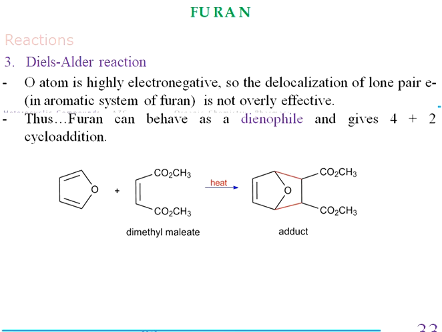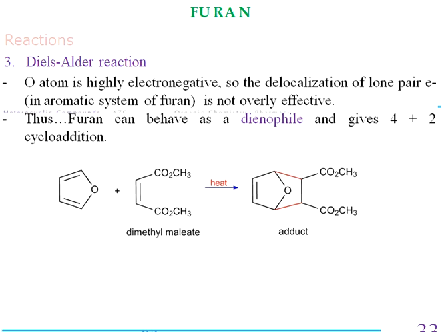we have this dimethyl maleate, that is a diester. In the presence of heat, it forms a cyclic structure, and in the adduct you can clearly see that these light red lines indicate the new bonds formed here.